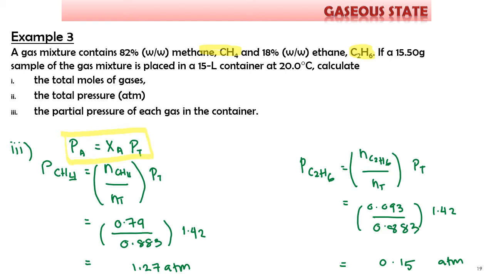Okay, so for this question, partial pressure of CH4 is 1.27 atm, and for C2H6, the partial pressure is 0.15 atm.